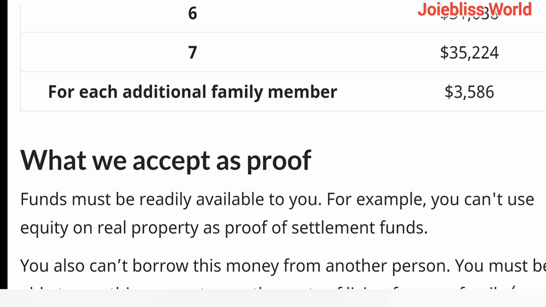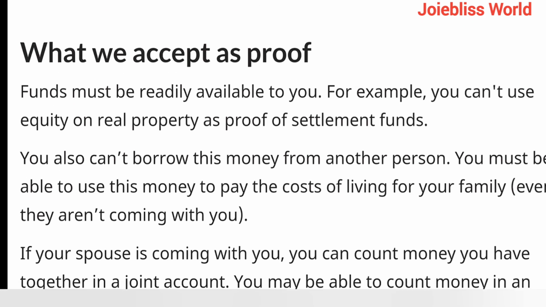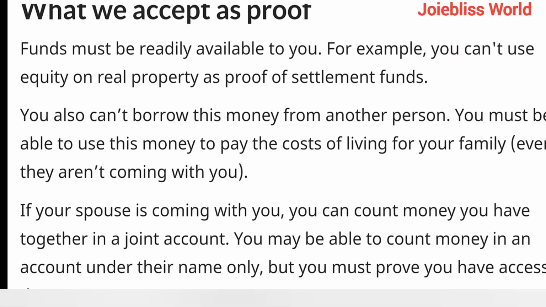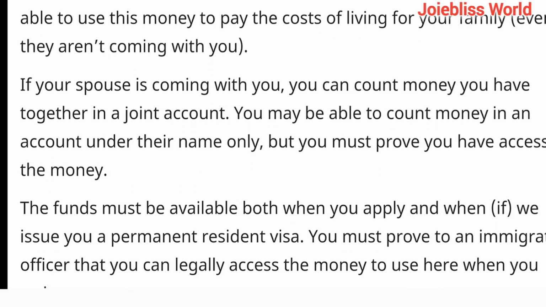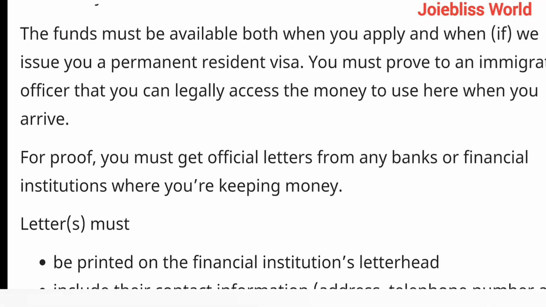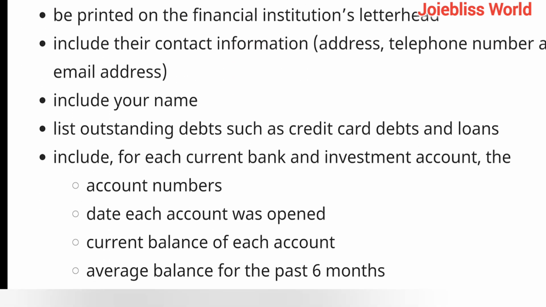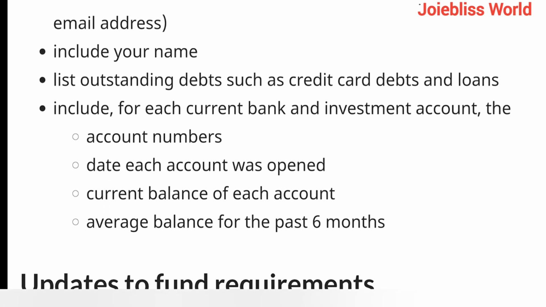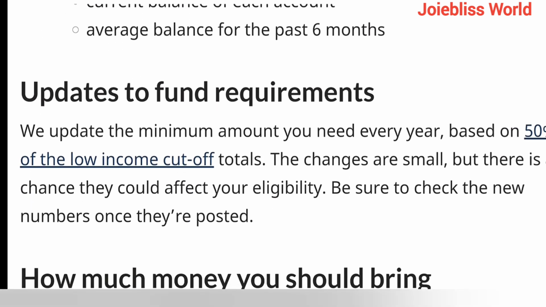As at the time of making this video, this particular proof of fund is valid. Note, it's not everyone that is supposed to provide proof of fund. For example, those that got a job from Canada don't need proof of fund. If you're also applying under the CEC, or the Canadian Experience Class, you don't also need proof of fund.